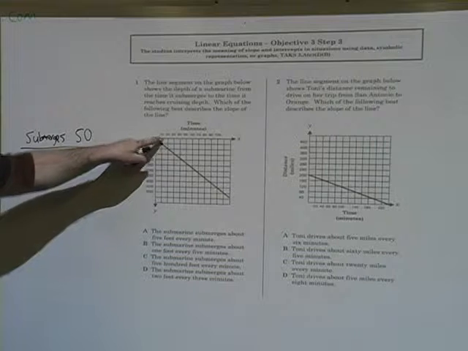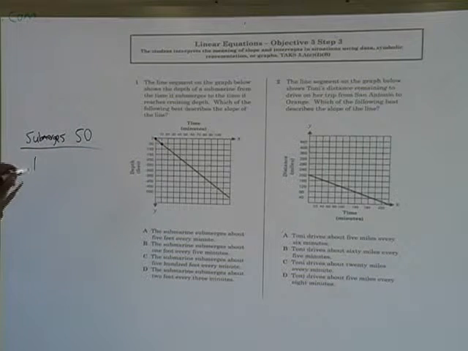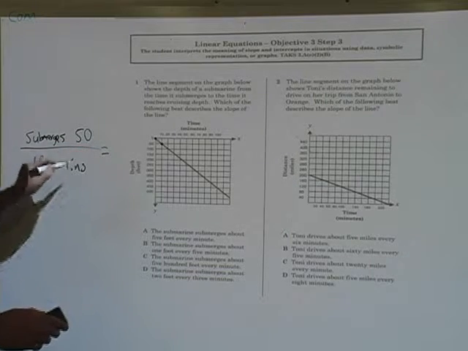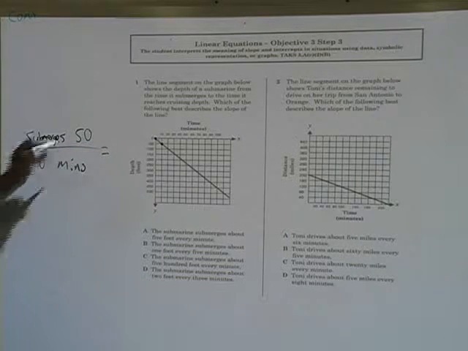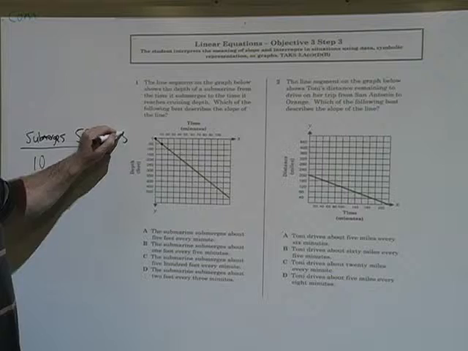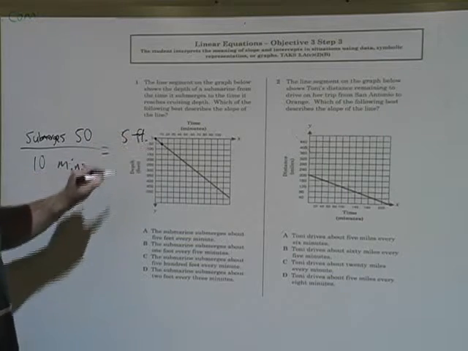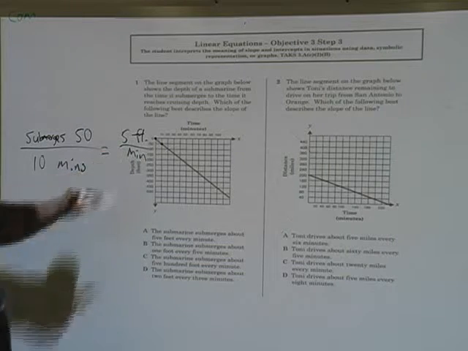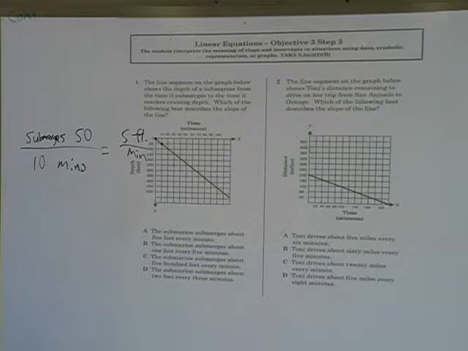From 0 to 10 minutes. So every 10 minutes. If you reduce that fraction, you get 5 feet per minute. So answer A. That's how you do those.